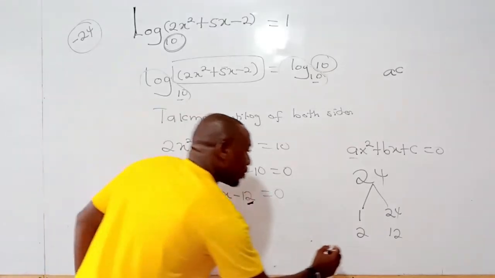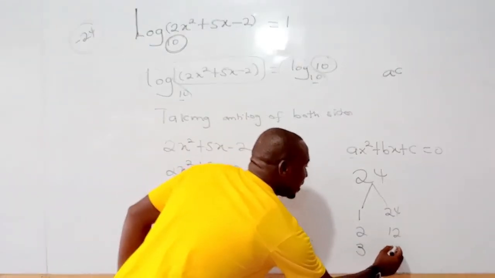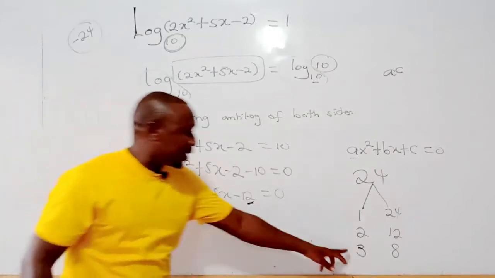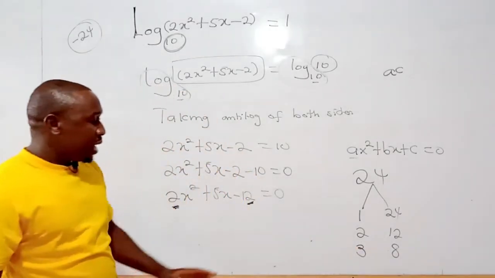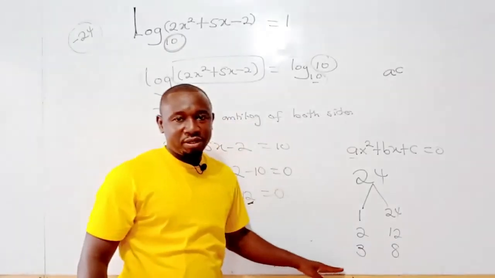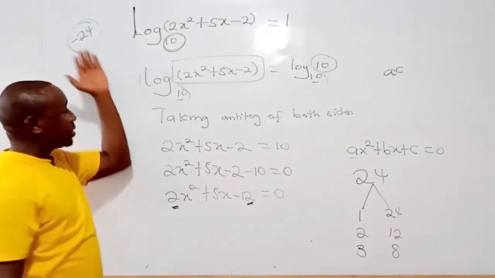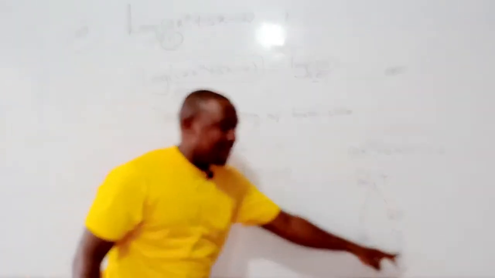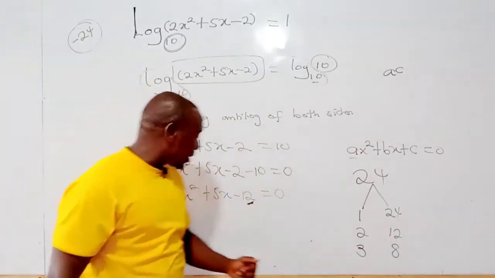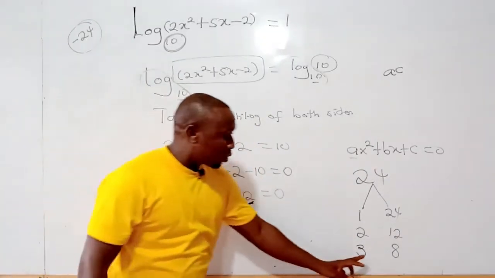So we can go further and then try again. We can try 3 and then positive 8. Here we have everything positive, but you can still do your manipulations and see whether you can get negative 24 out of 3 and 8, and then positive 5 out of 3 and 8.